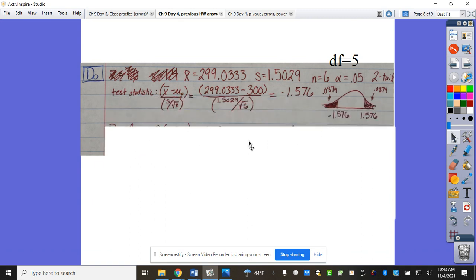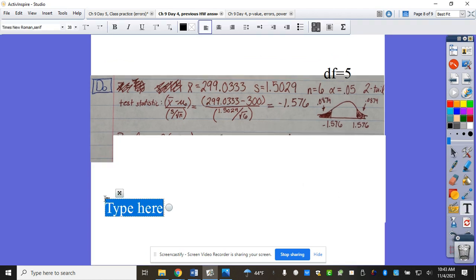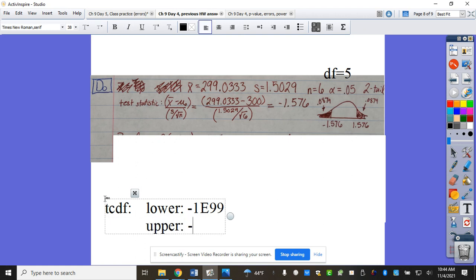So running my test statistic here, plugging in my numbers, I get negative 1.576. But since it is 2-tailed, I draw it on both sides, so I draw it as positive and negative. If I looked it up to find the p-value the old way, I would do negative 1 E99 as my lower, and I would do my upper as negative 1.576, degrees of freedom of 5.